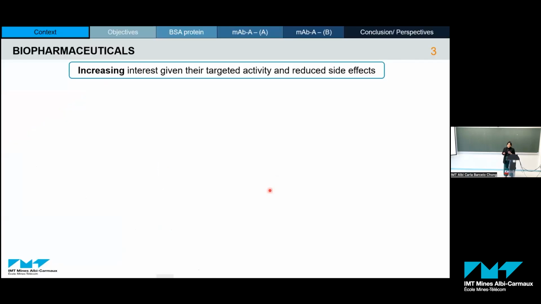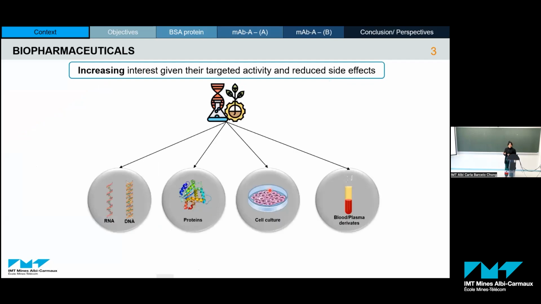With the recent technological advancements in the pharmaceutical industries, there's an increasing interest in the production of biopharmaceuticals, given their targeted activity and the reduced side effects. To obtain these pharmaceuticals, we use organisms or functional parts of organisms, and we retrieve them by using biotechnological techniques.